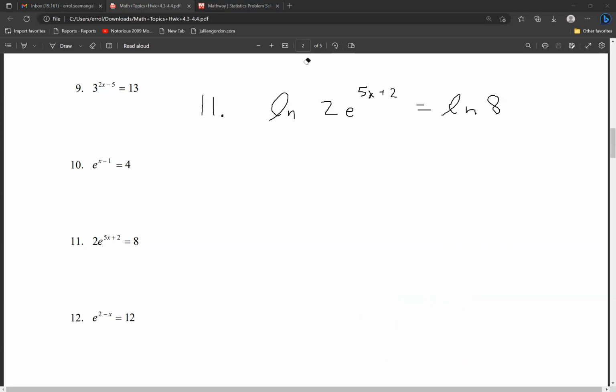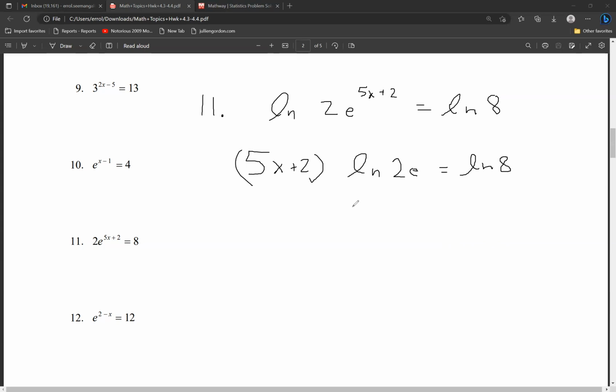Okay, first step, you're just taking ln on both sides. So now it's 5x plus 2 in the front, ln 2e, equals ln 8.